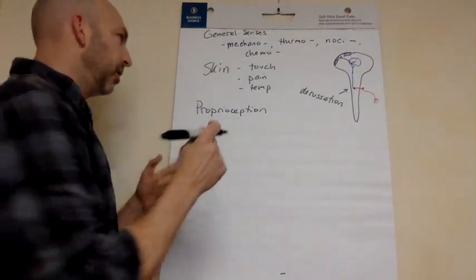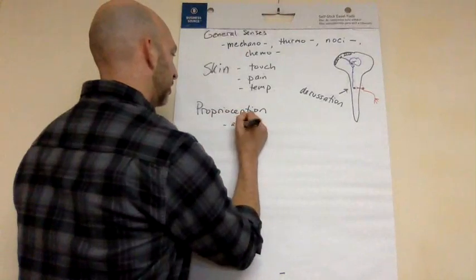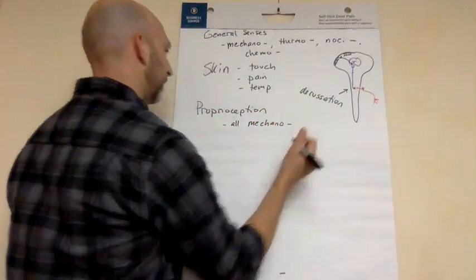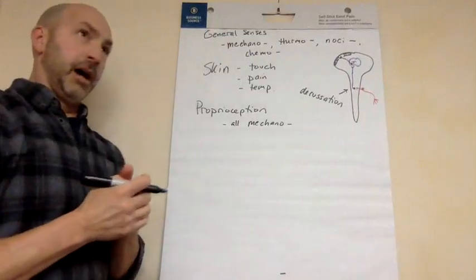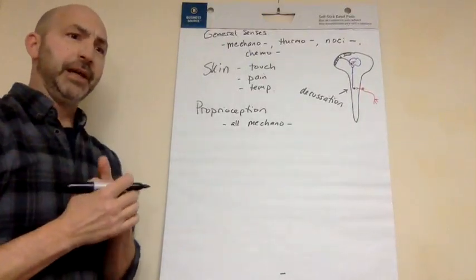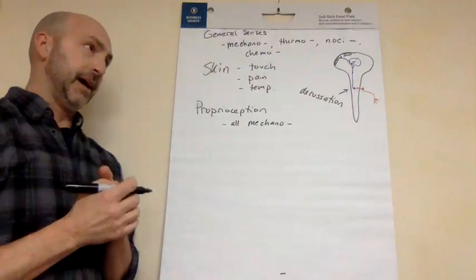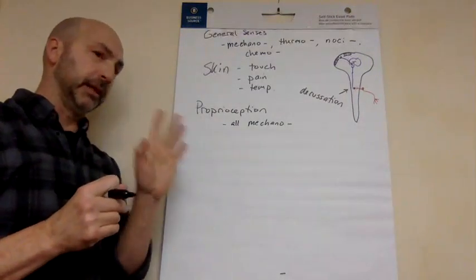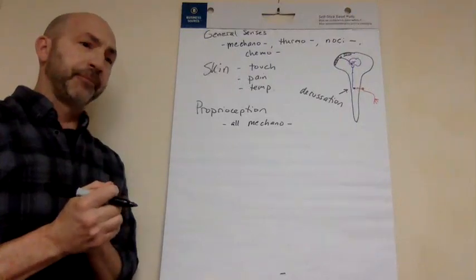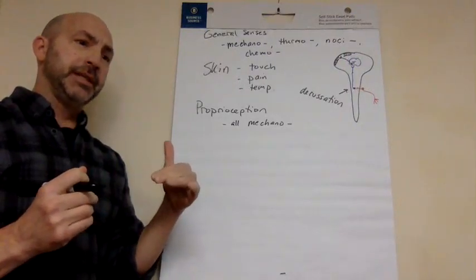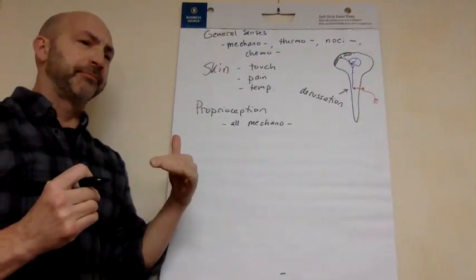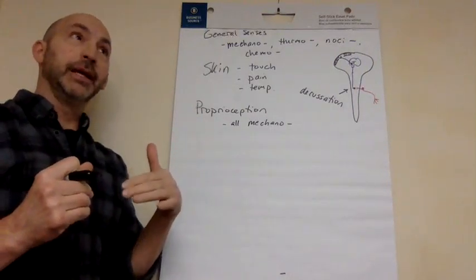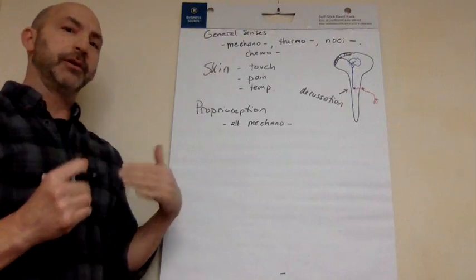These are all mechanoreceptors. And what they're doing is allowing us to sense, and we'll get to proprioception of the head, but I want to start with the limbs first, the perception of where our limbs are in space and what they're doing.